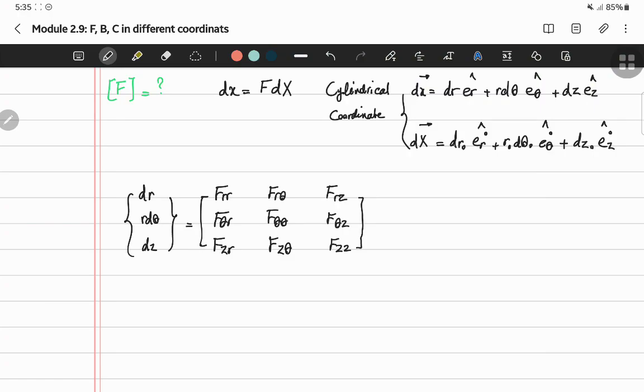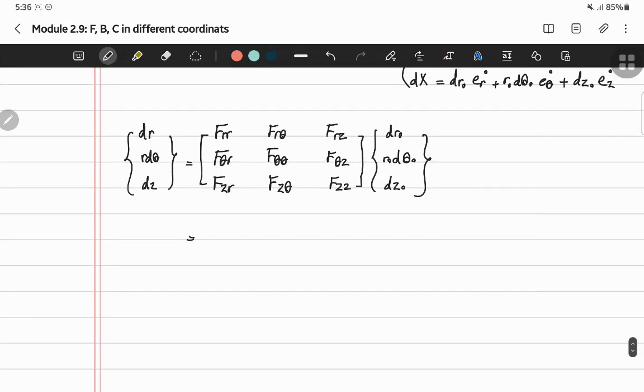These are different components for the deformation tensor that we wrote in matrix form. Then we have dR0, R0 d theta 0 here, then we have dZ0.